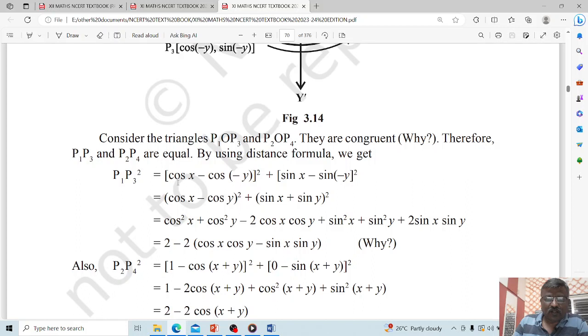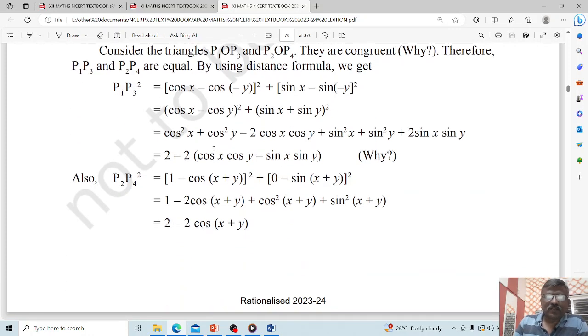So when you substitute all those things using the distance formula, you get (cos x minus cos y) the whole square plus (sin x plus sin y) the whole square. Using a minus b whole square: cos square x plus cos square y minus 2 cos x cos y plus sin square x plus sin square y plus 2 sin x sin y.